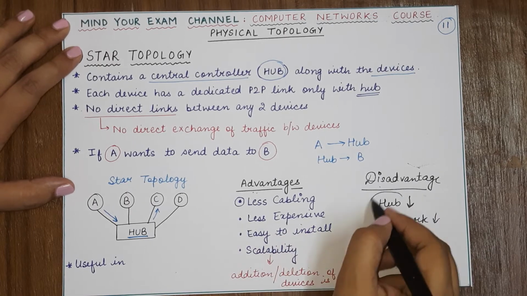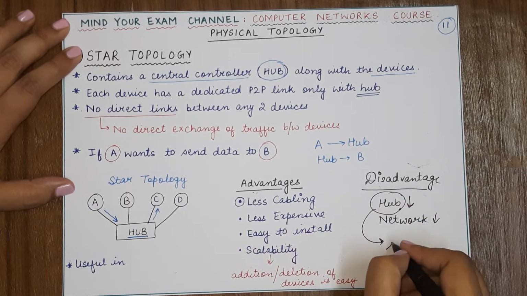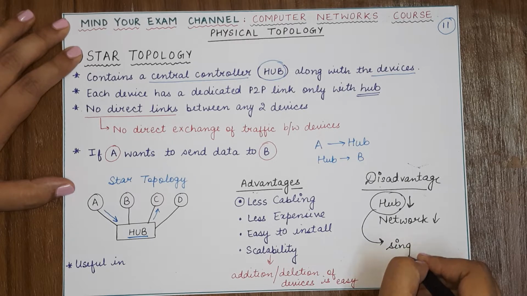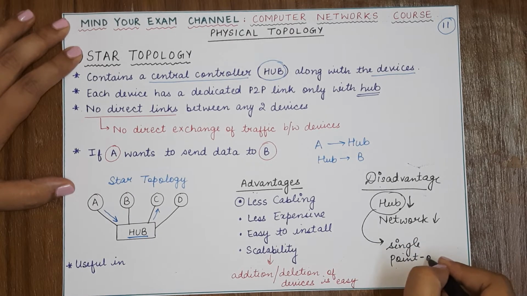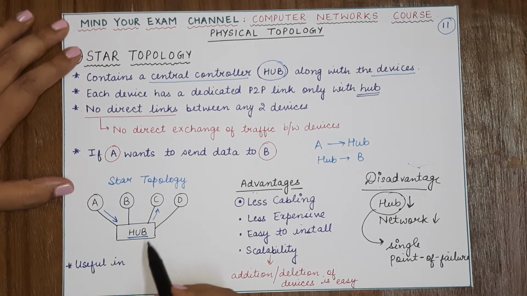So we can say that the hub is a single point of failure. This is a single point where if a failure occurs, the entire network will come to a halt. No communication will take place if the hub stops working.